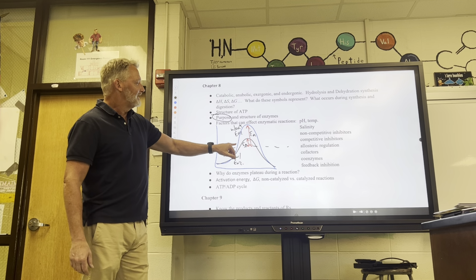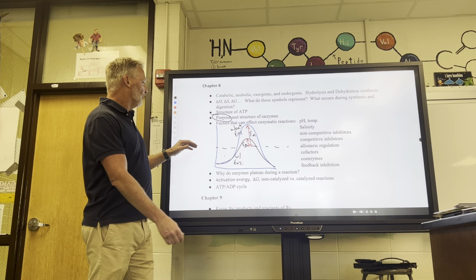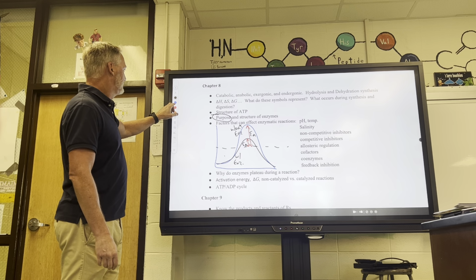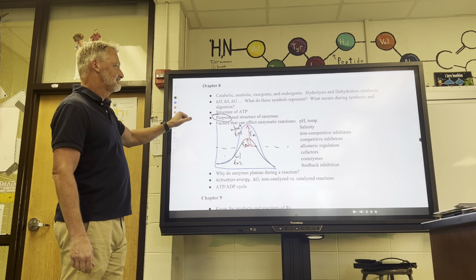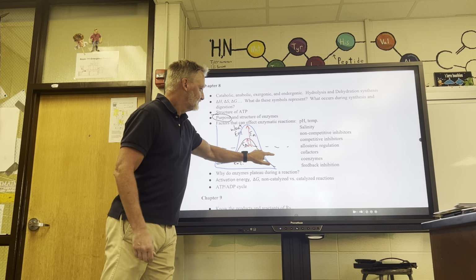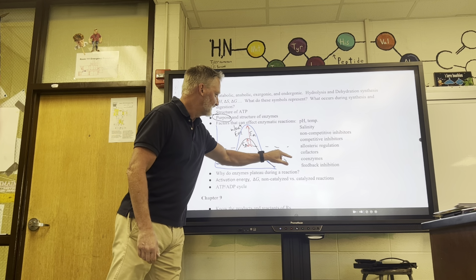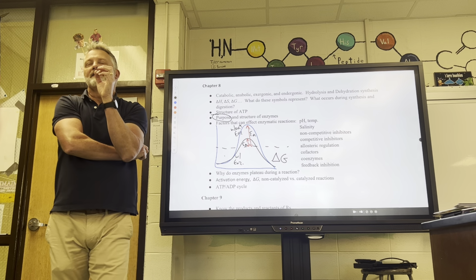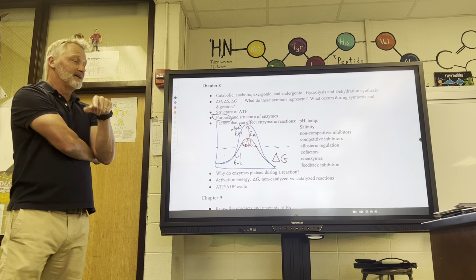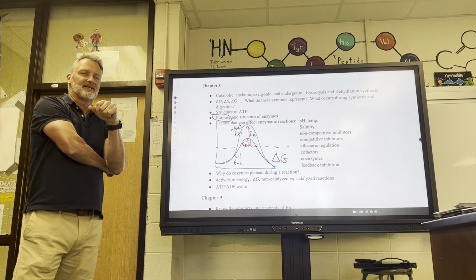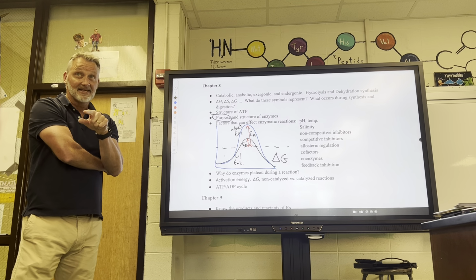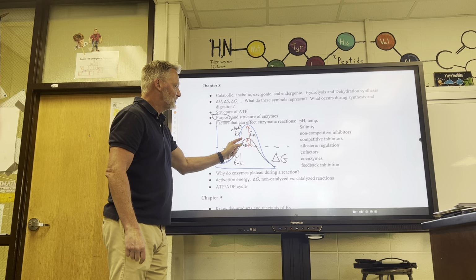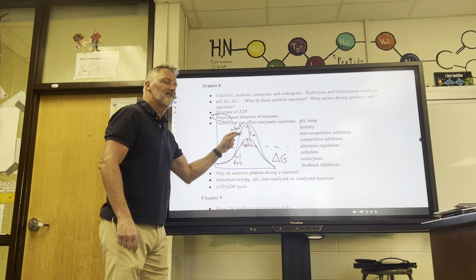Good stuff. Okay, so where's delta G at? Right there. This area right here is delta G. Regardless of whether or not we have an enzyme, does delta G change? Delta G stays the same, it's just with an enzyme, you release the energy faster.